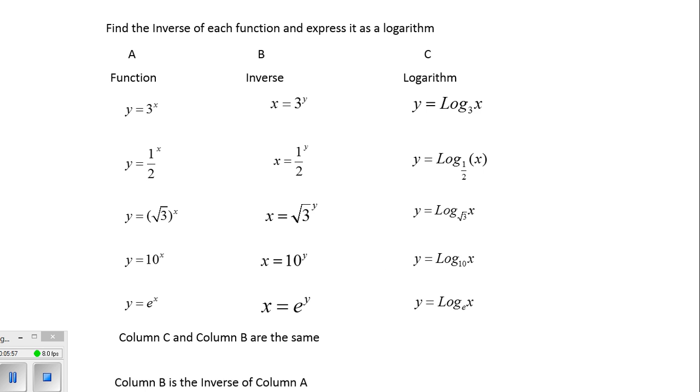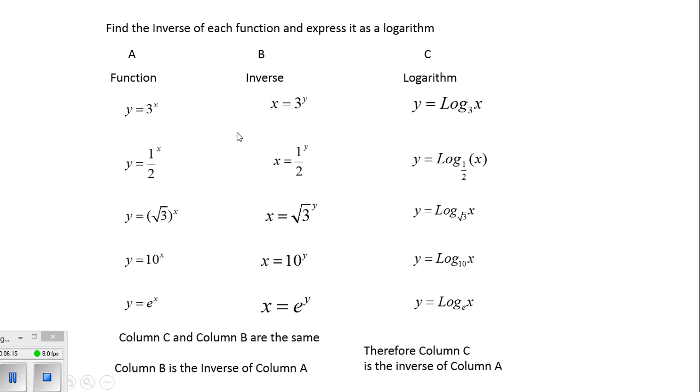So we recall that everything in B is the inverse of its match in A. And since everything in column C is the same as its match in column B, then the conclusion, transitive property: if B equals C and B is the inverse of A, then C is the inverse of A. So here are the relationships between a function and its inverse. Here's the log expression, here it is expressed in alternate form, and here is the inverse from whence it came.